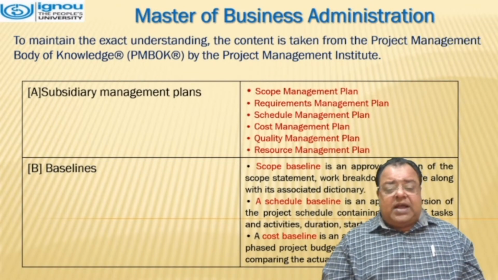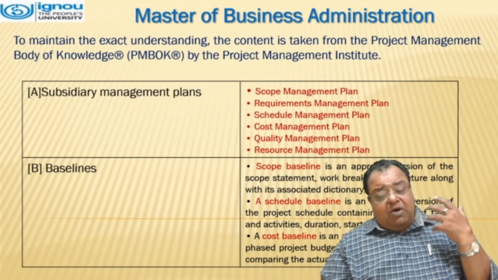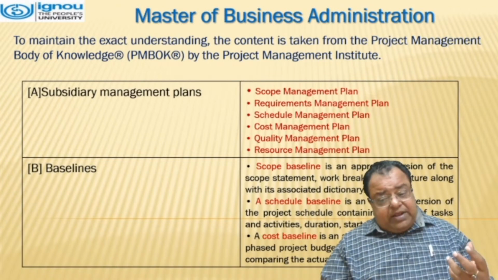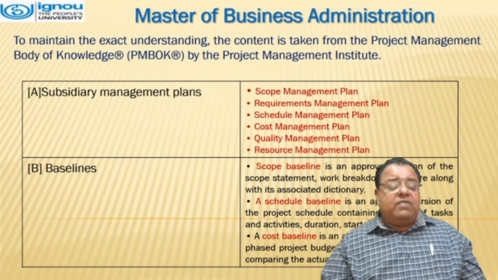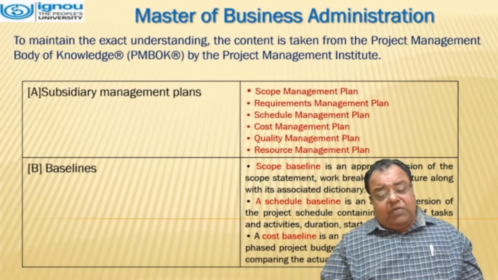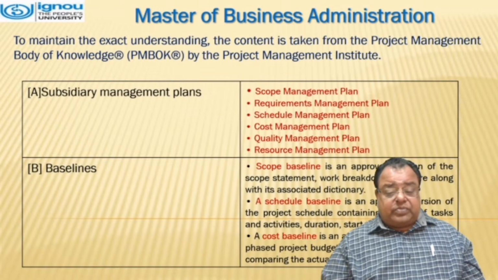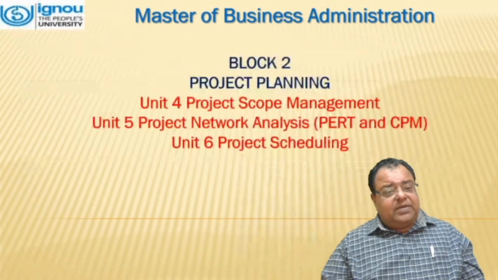Second is the schedule baseline. It is an approved version of the project schedule containing the list of tasks and activities, including duration, start, and finish dates. And the third is the cost baseline, which is an approved version of the time-phased project budget that is used as a basis for comparing actual results.